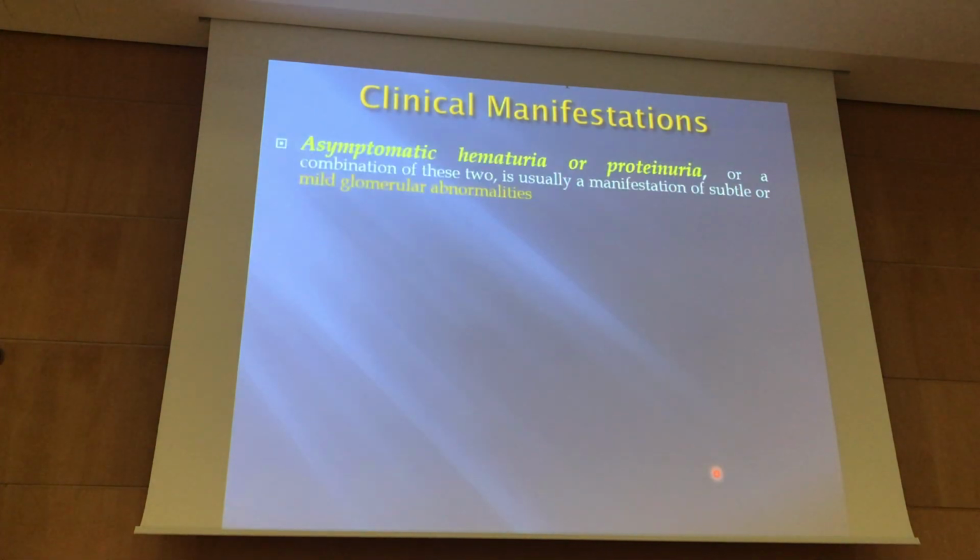The 4th thing is asymptomatic hematuria and proteinuria in some patients. You have either hematuria or mild proteinuria, or you can have both, but they are asymptomatic. The patient goes to the doctor, and the doctor asks for a CBC and urine analysis.